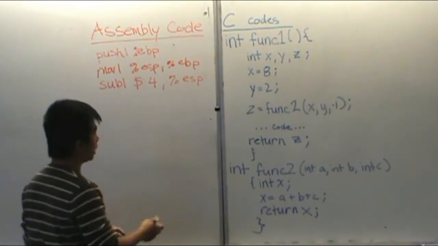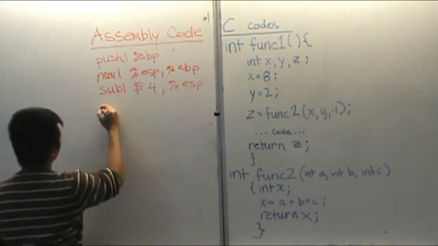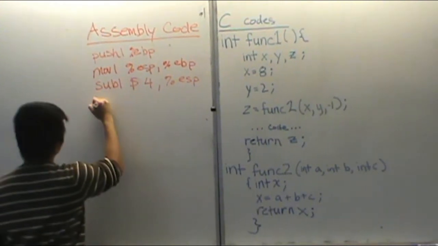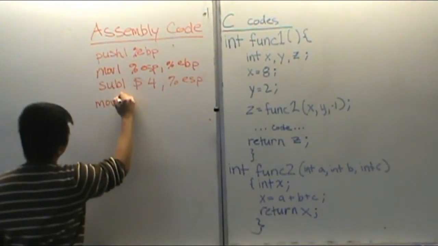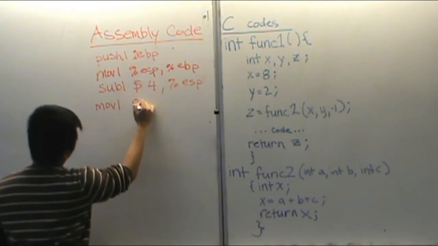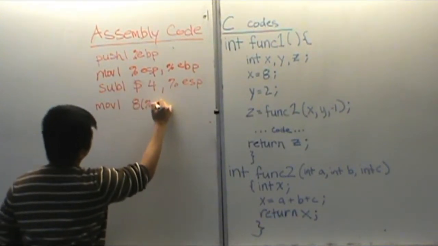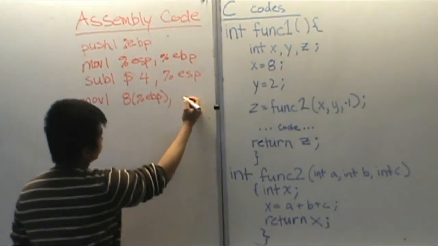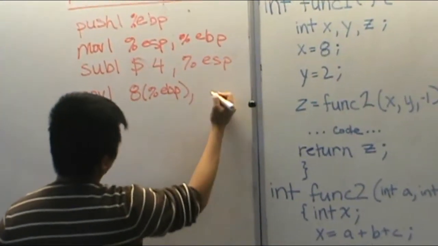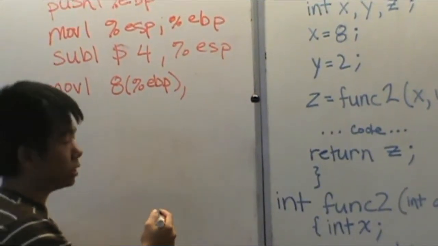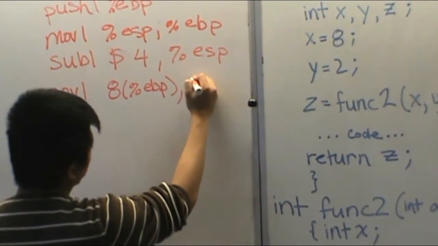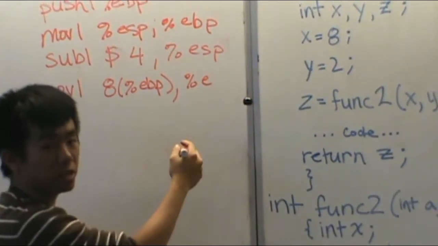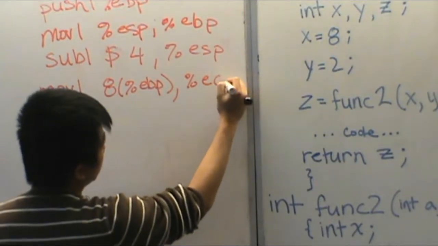To do that, we move 8(%EBP) to a register that we can use, which is the A, B, C, or D register. And in this case, I'll be using C.